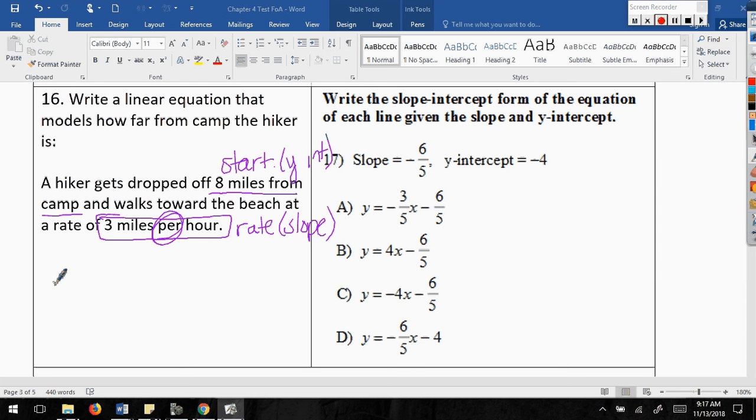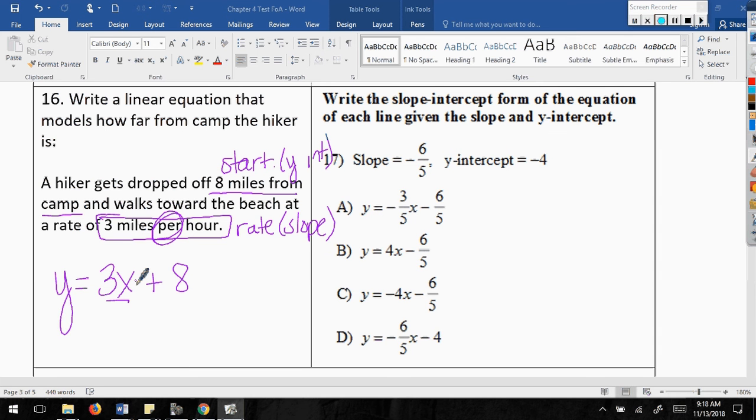So to put this in a linear equation, I would do 3x, plus the 8, since we want to know how far from camp the hiker is. Okay? So he started out 8 miles away from camp, and every hour he gets another 3 miles away. So by plugging in a value for x, we can find out how far away he is.